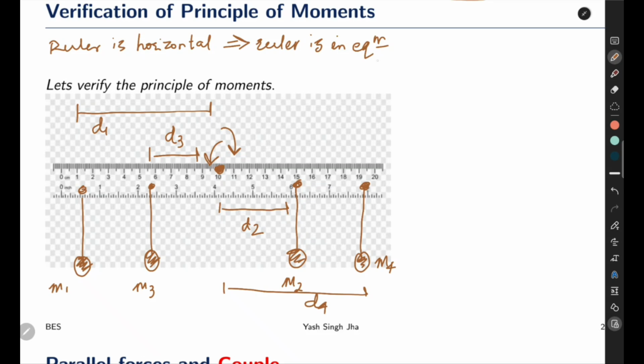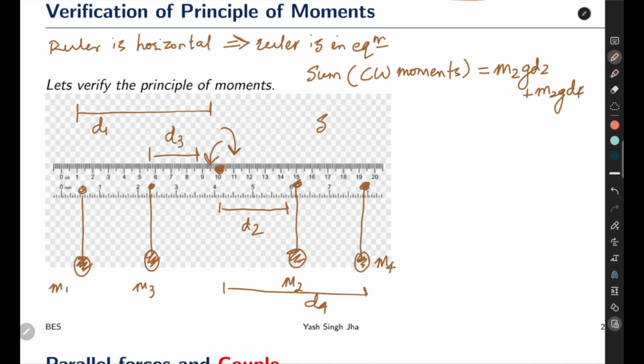What is it? Let's write the clockwise moment first. The clockwise moments are due to m2 and m4: m2g d2 plus m4g d4.